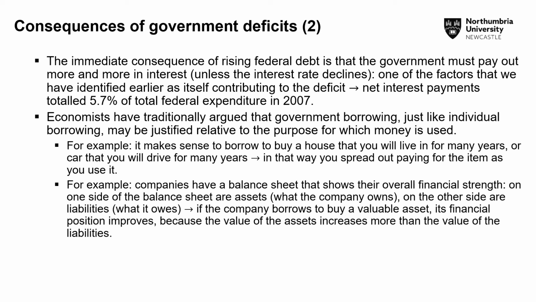So what economists have traditionally argued is that government borrowing, just like individual borrowing, may be justified relative to the purpose for which the money is used. For example, if you borrow to buy a house that you will live in for many years, or a car that you will drive for many years, you are spreading out the payment for the item as you use it. But furthermore, what also matters is that the investments that government makes by spending money on either infrastructure or some kind of government program result in a return in the long run.